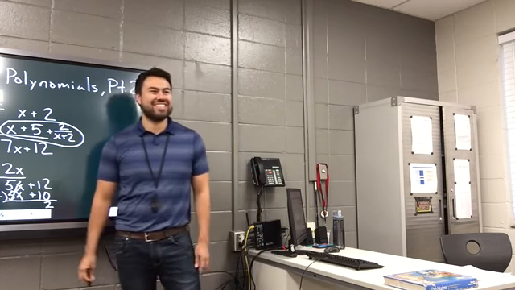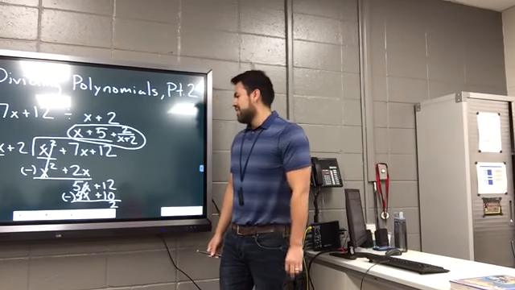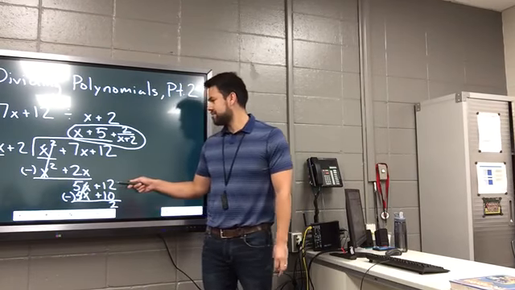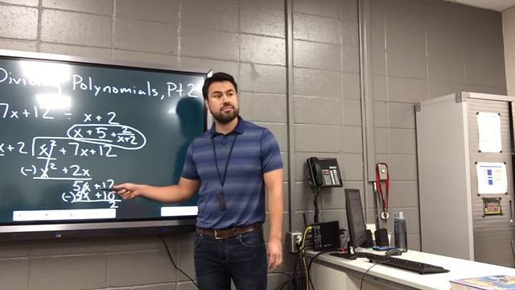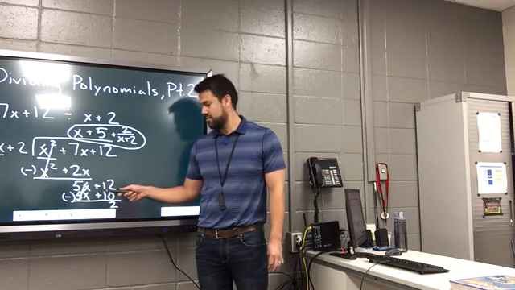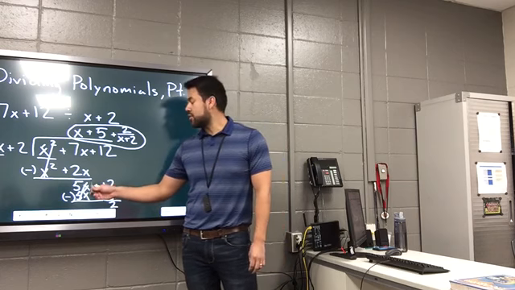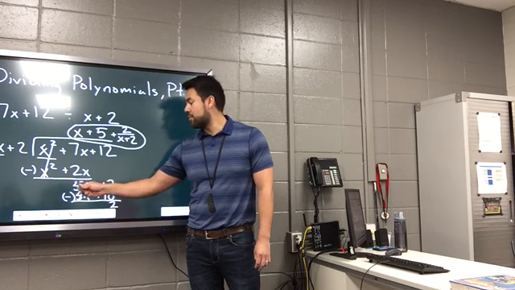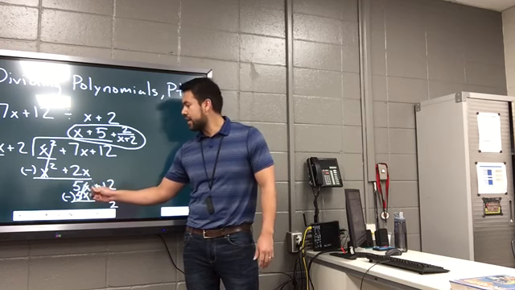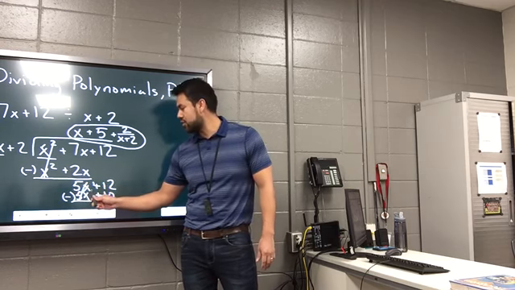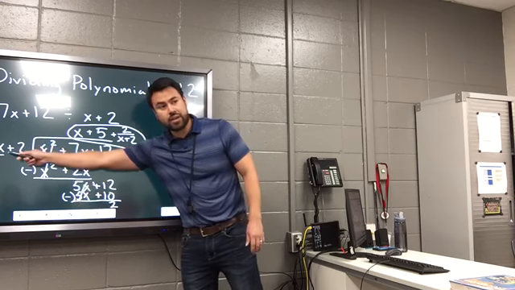I have another question. When you got 5x plus 12, why did you only divide by 5x? Because if that was like long division and it was like 61, you would have just divided by 6. Good question. Here you divide this by x, right?